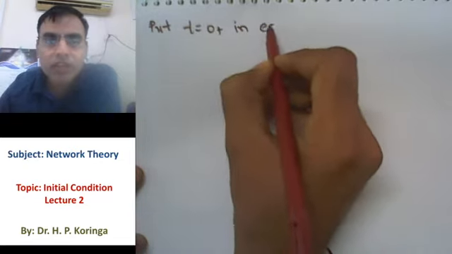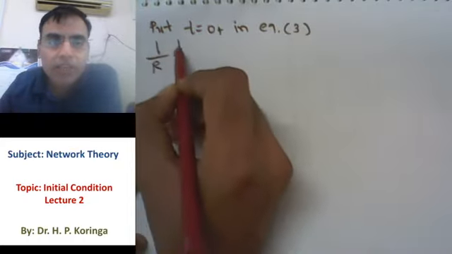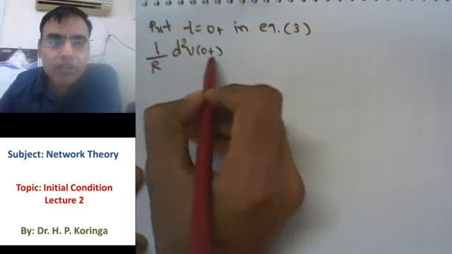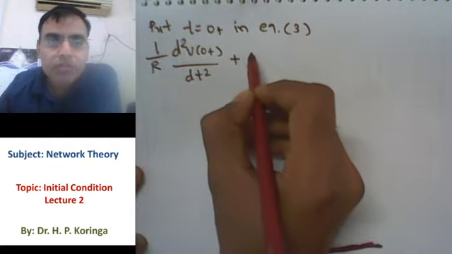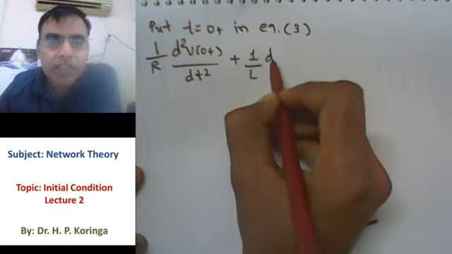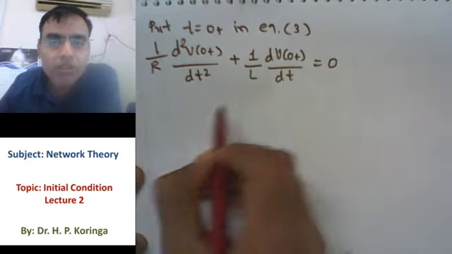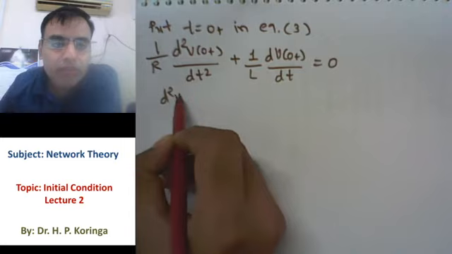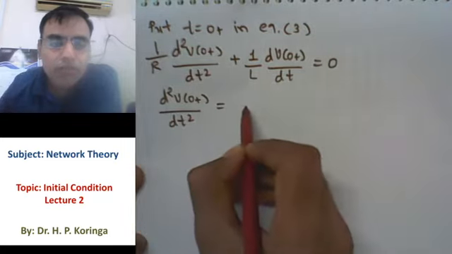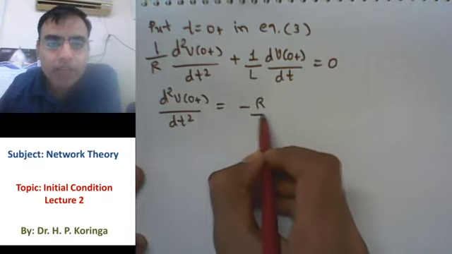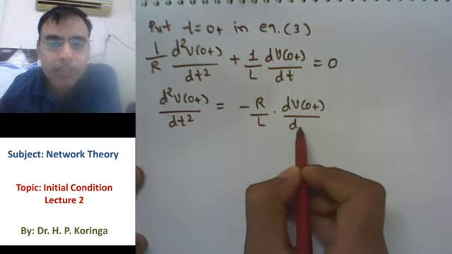We'll get 1 upon R d square v0 plus divided by dt square plus 1 upon L dv0 plus divided by dt is equal to 0. So d square v0 plus divided by dt square is equal to minus R upon L into dv0 plus divided by dt.